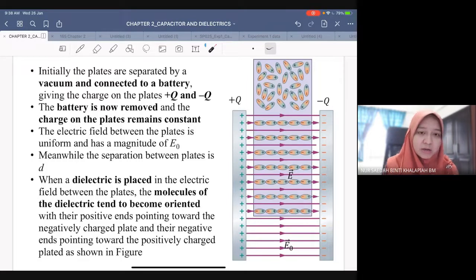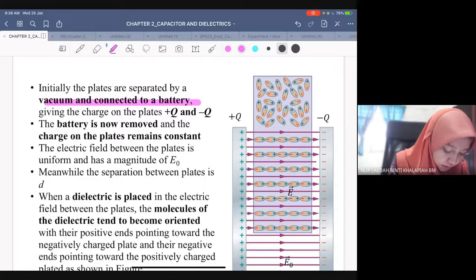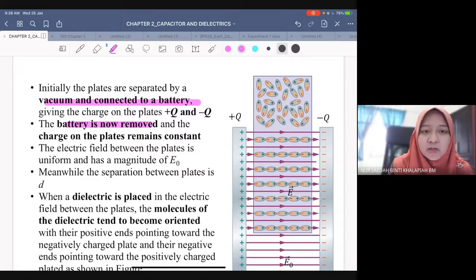So remove battery kita. Okay, korang cuba bayangkan. Madam kata capacitor seperti phone kita. Phone kita kita charge dengan bateri. Lepas kita dah charge phone kita, lepas tu kita off power supply, remove charger kita, charger maksudnya power supply daripada phone kita.